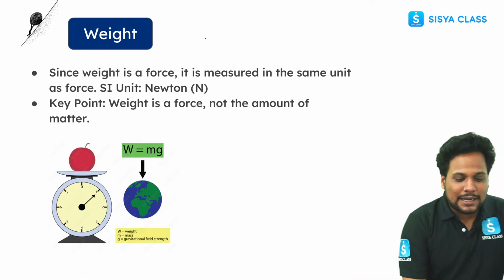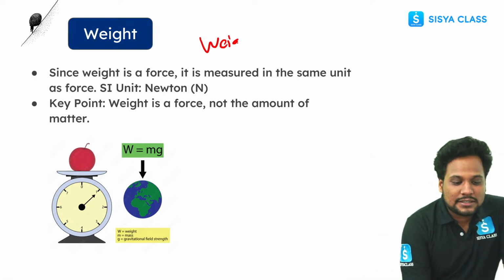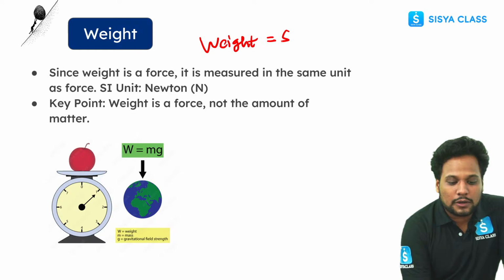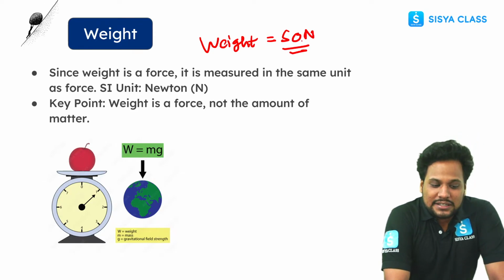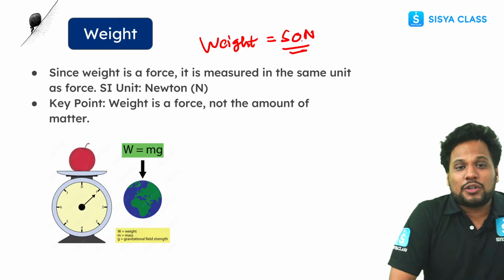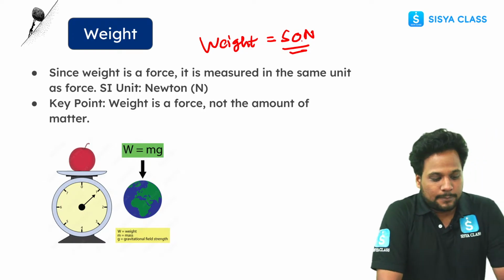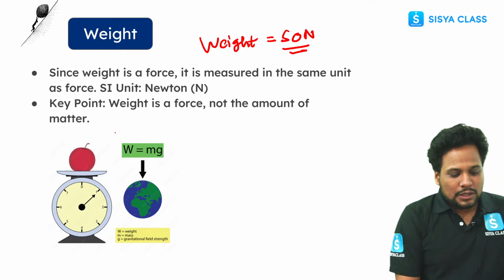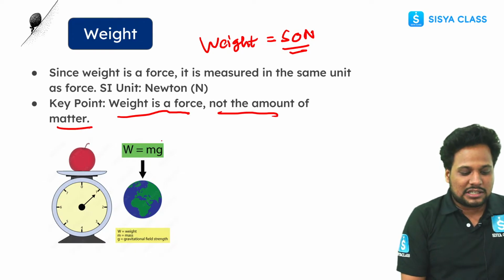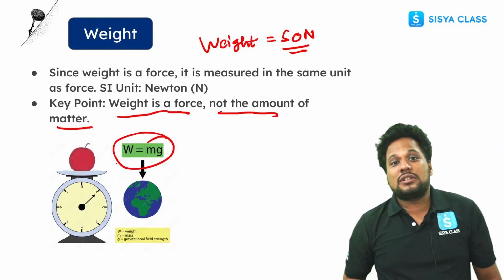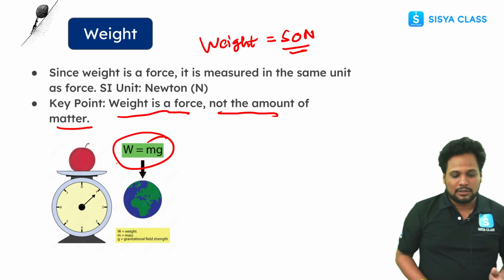So tell them that my weight is 50 Newton, not 50 kg. This is clear? Since weight is a force, it is measured in the same unit as force, that is Newton. This is the key point, that weight is a force and it is not the amount of matter. We'll discuss the formula, weight is equal to mg, in detail.